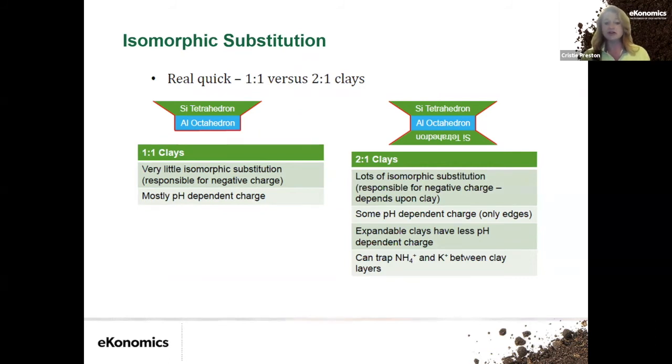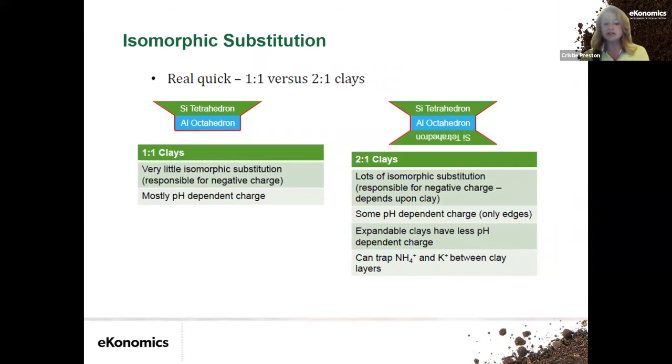Most likely, if you have a net negative charge, it's due to the pH dependent side of the charge. 2-to-1 clays, lots of isomorphic substitution. This can occur in that aluminum octahedral portion of the clay. They do tend to have some pH dependent charge, but on the edges only.